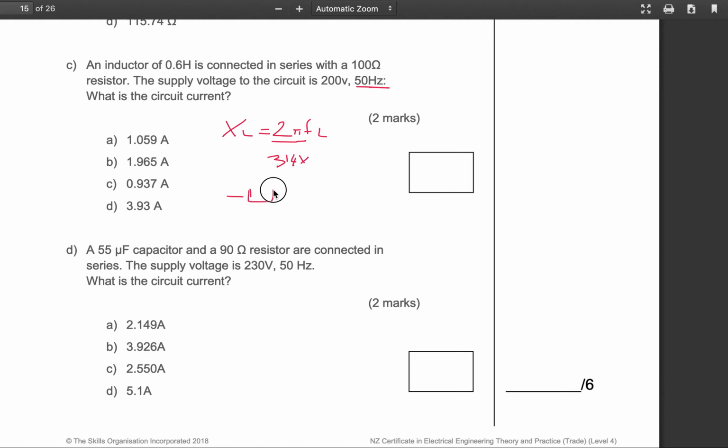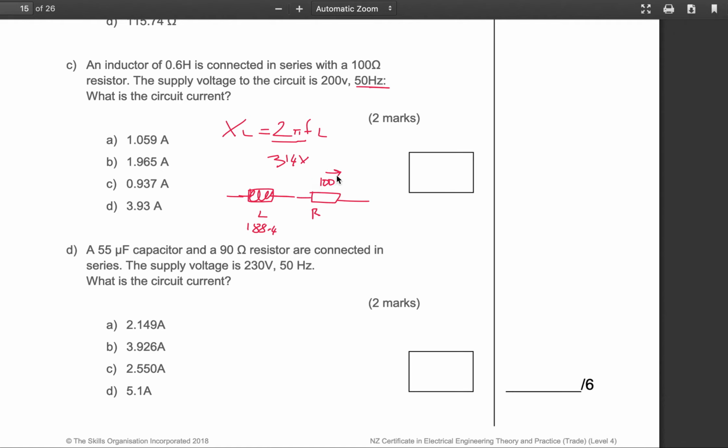Let's store this in. We've got an inductor, and we've got a resistor. That should be a coil, shouldn't it? Inductor and a resistor. This one here is 188.4, and we've got a resistor of 100.